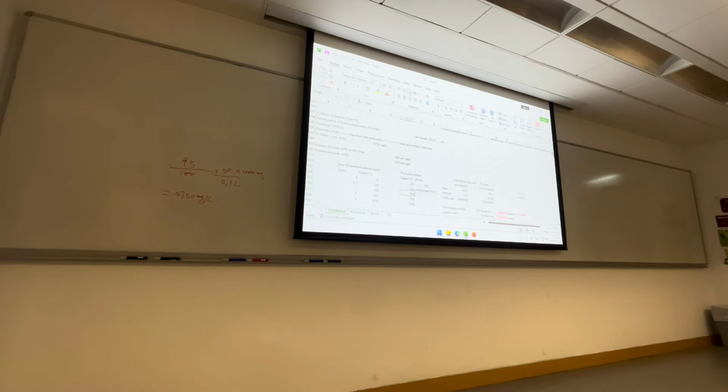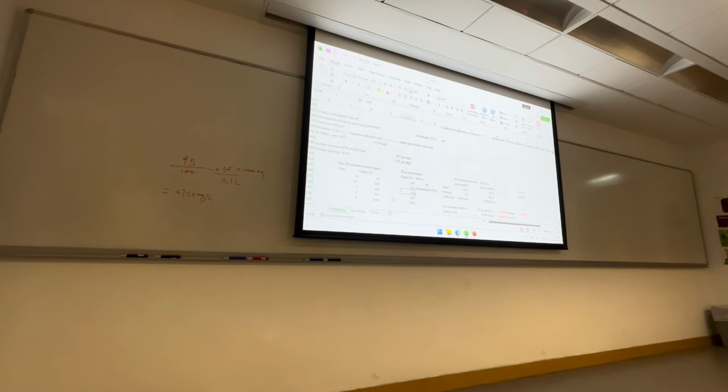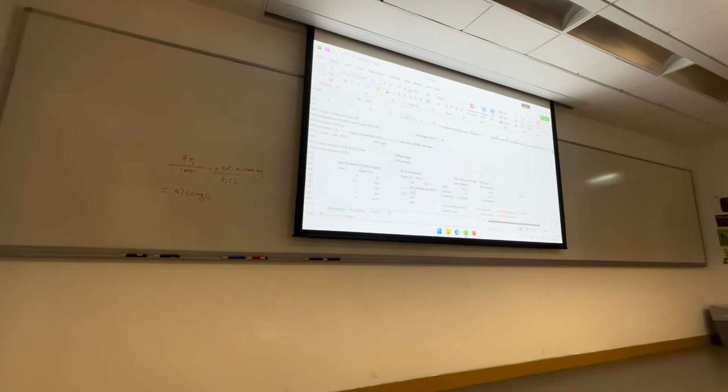So now this time we have a calibration curve constructed from pure iron, and then we have a calibration curve constructed from pure lead. This is pure lead in 95% iron solution, okay? So the slope basically is more or less the same.